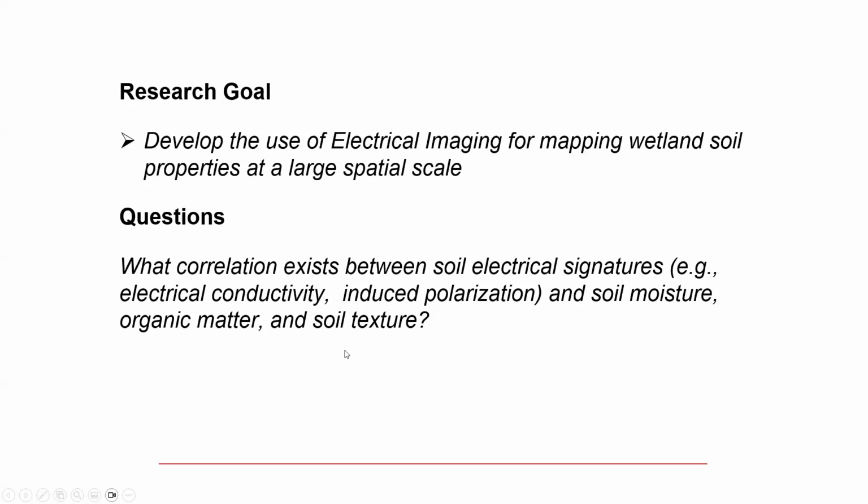If we find a very strong relationship, that may give us an opportunity to explore using these geophysical quantities that we can easily measure at a large spatial scale to predict properties of the soil that we are sometimes interested in but cannot measure at the high spatial resolution that we are interested in.